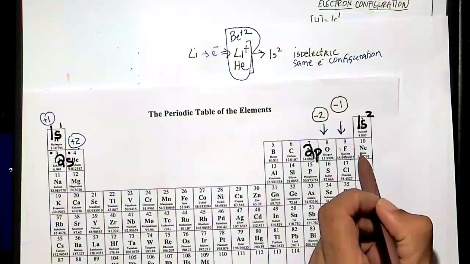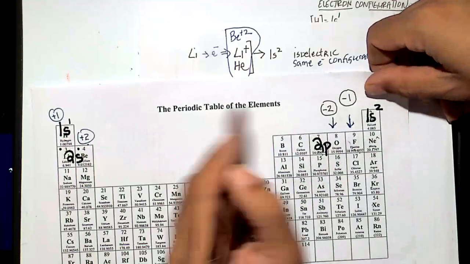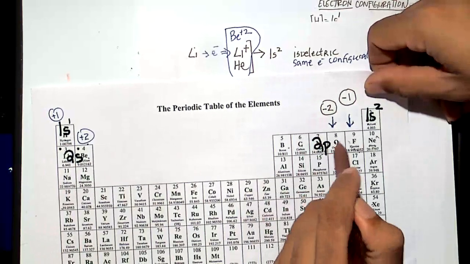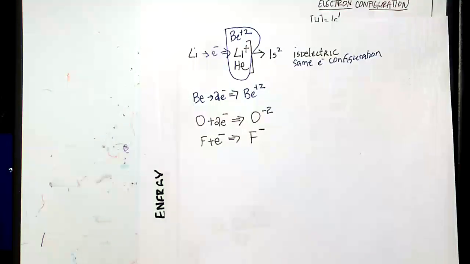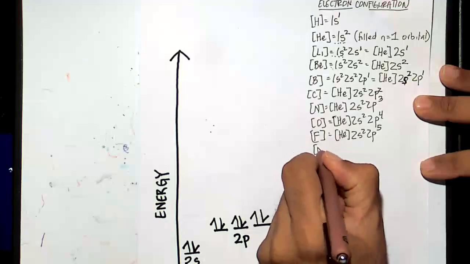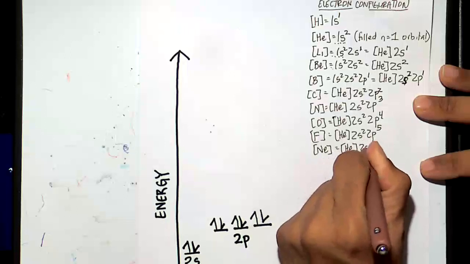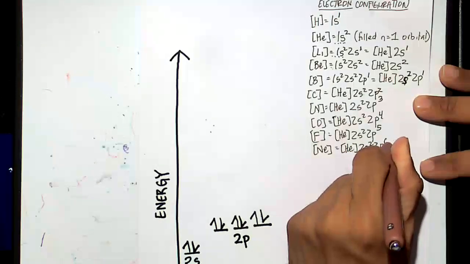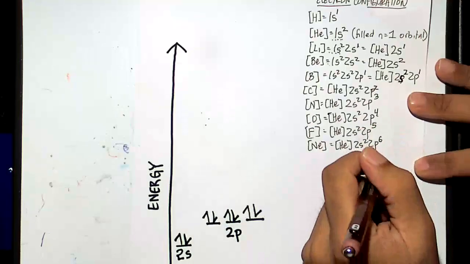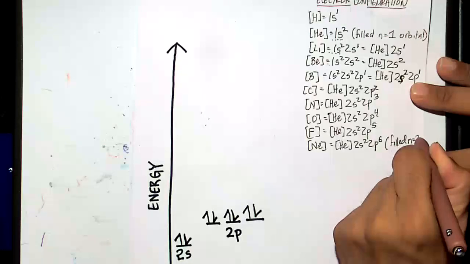All right, we got fluorine. Here we go, neon. Where will neon go? 10 electrons: 1, 2, 3, 4, 5, 6, 7, 8, 9, 10. It will fill up the n equals 2 shell. So we'll call it helium 2s2 2p6, filled n equals 2 shell.